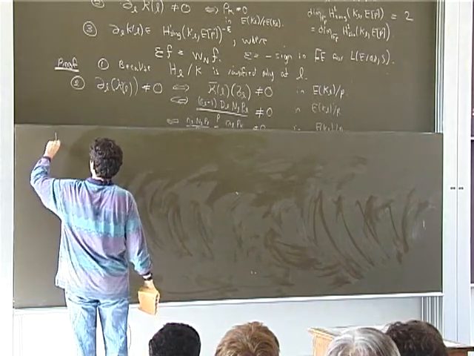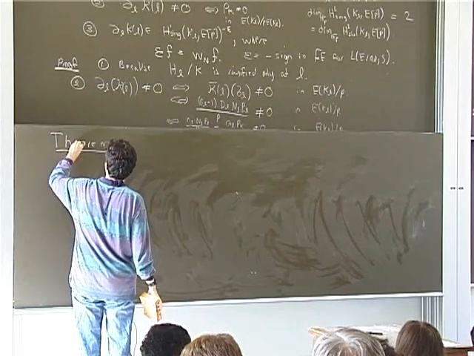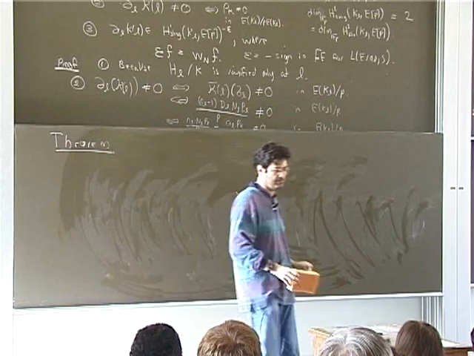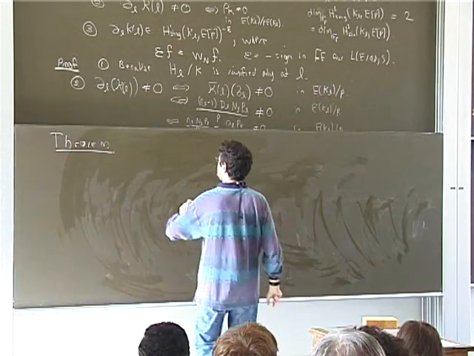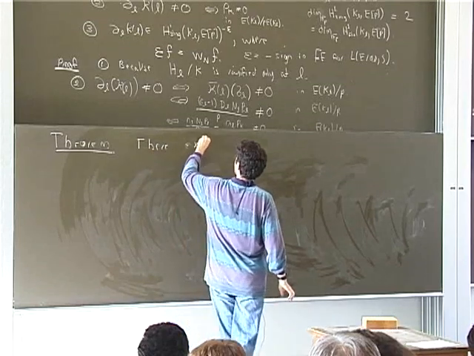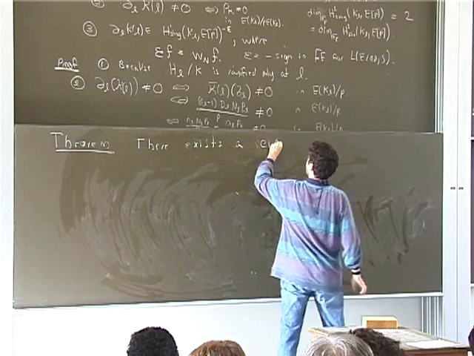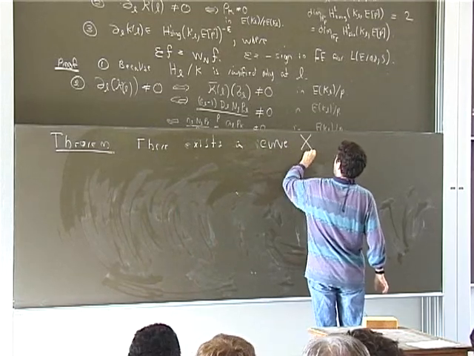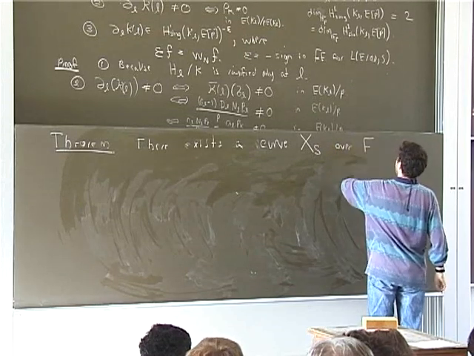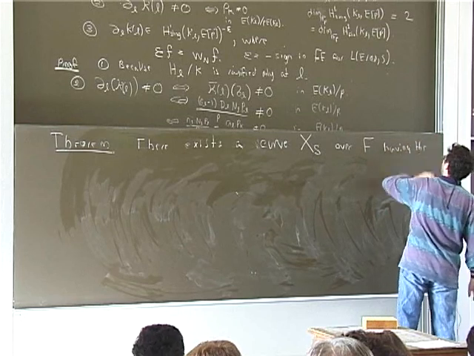So here's a big theorem, a big result. There exists an algebraic curve, which I'll denote by X_S, which is defined over F, having the following properties.